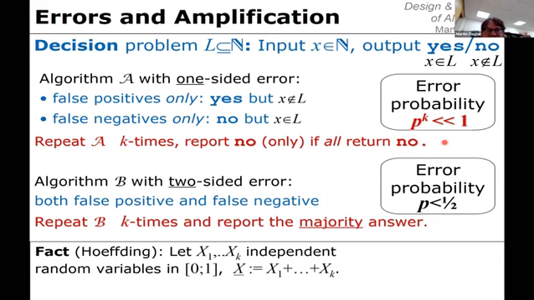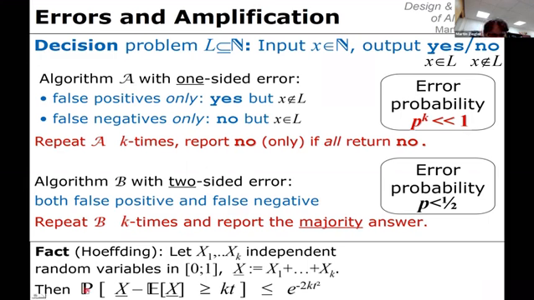Then Hoeffding says that if these original random variables are independent with values between 0 and 1, then the probability that the actual sum random variable exceeds the expected value, right? So, the expected value of the sum random variable compared to the actual value, the outcome.